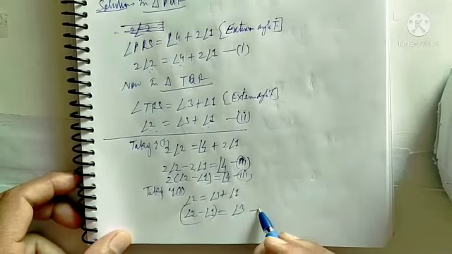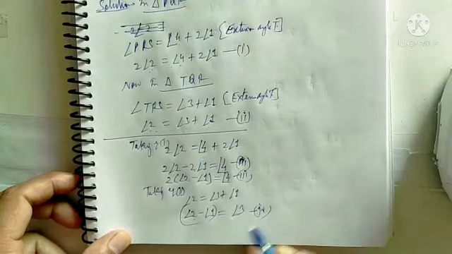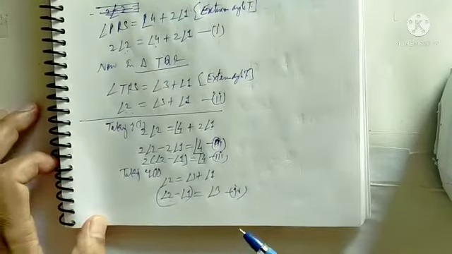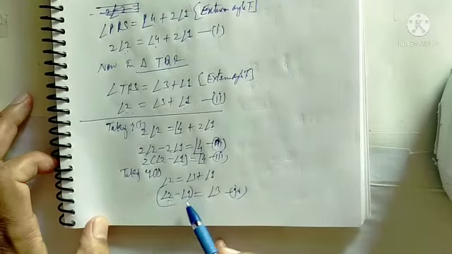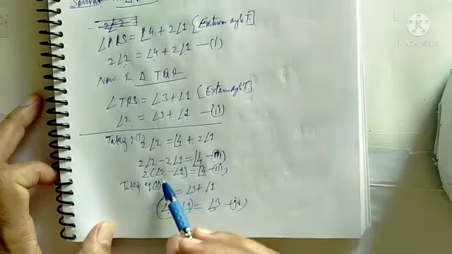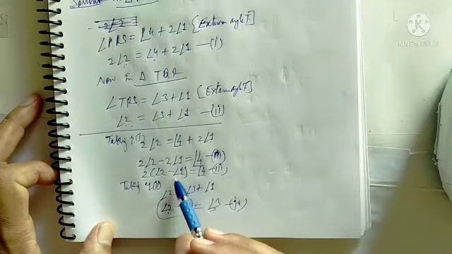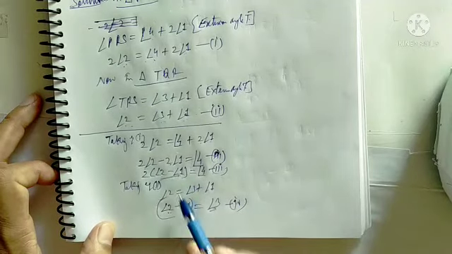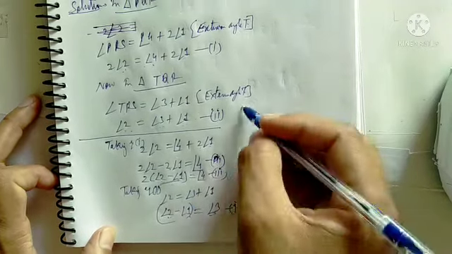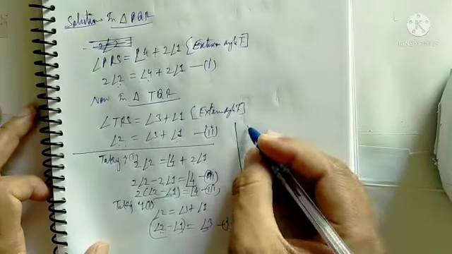This is equation 4. Now students, what can you see? Angle 2 minus angle 1 is equal to angle 3, and in the 3rd equation angle 2 minus angle 1 can be replaced with angle 3. So simple. What are we doing here?